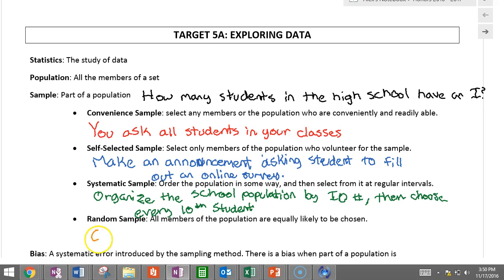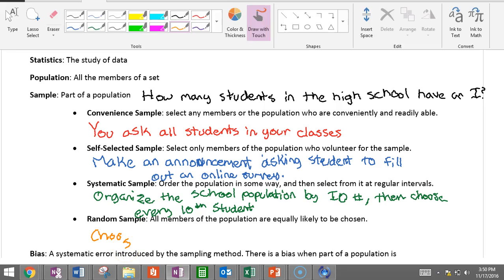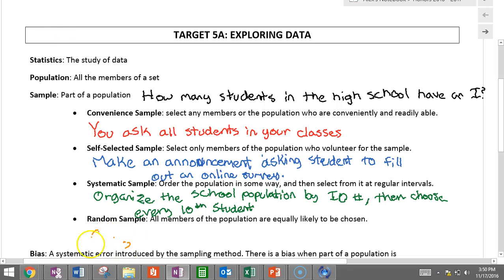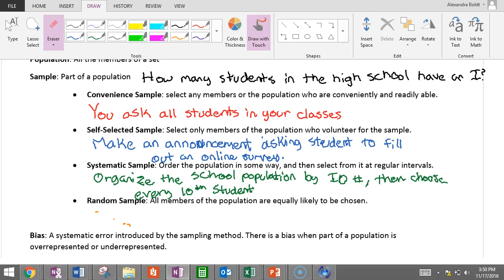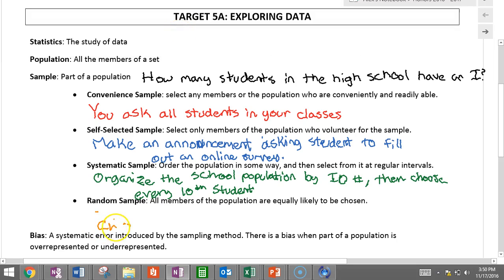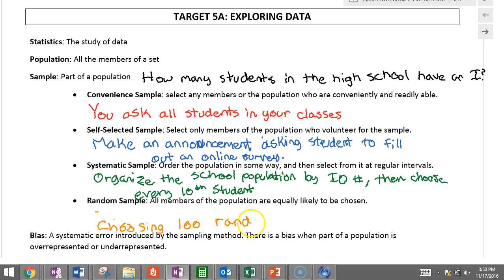So that would just be choosing 100 random students. Okay, so choosing 100 random students.